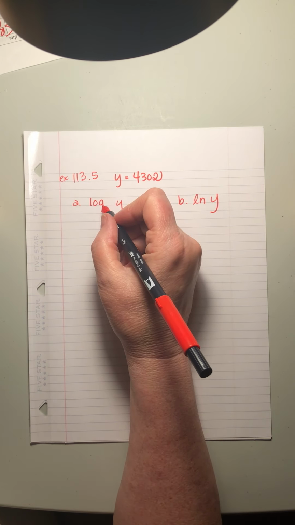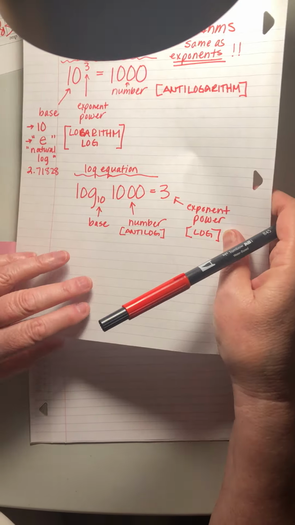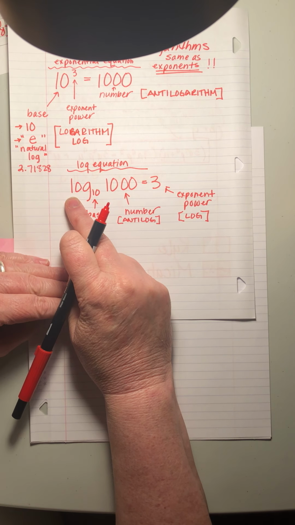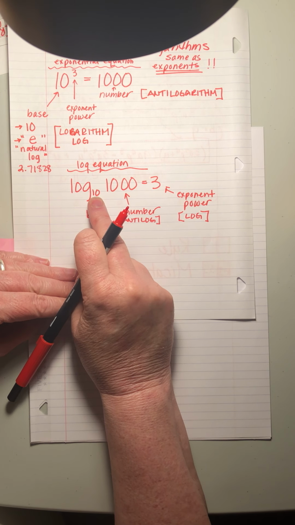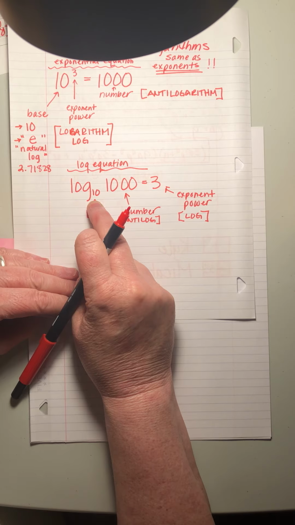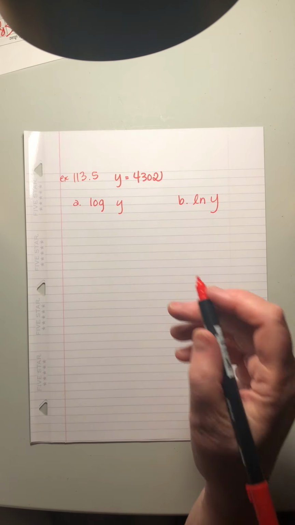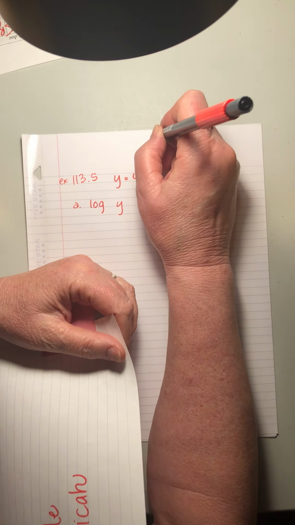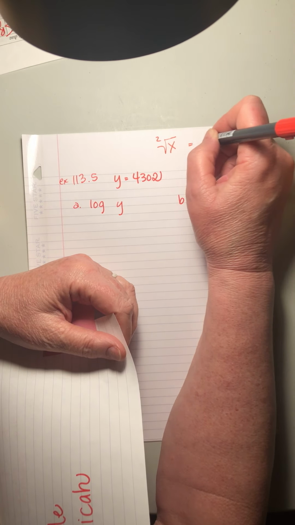So let me explain what we've got. There's no number here, right? I said here that when we're using base 10, we write the little 10 down here. But here's a shorthand. It's kind of like when we're taking the square root, we don't put this little number there.